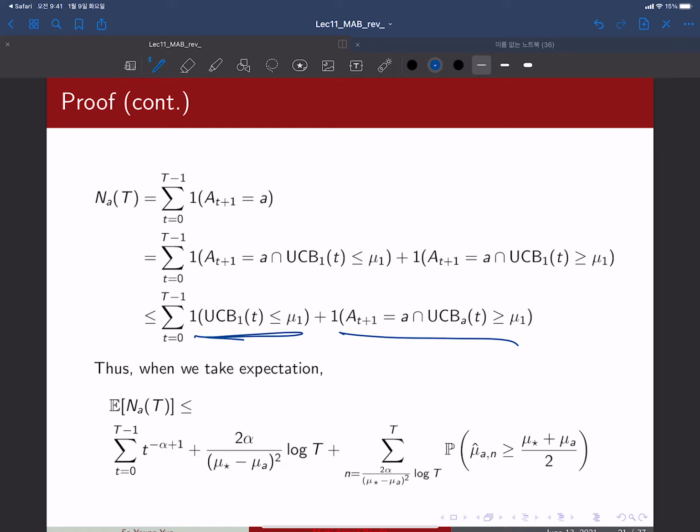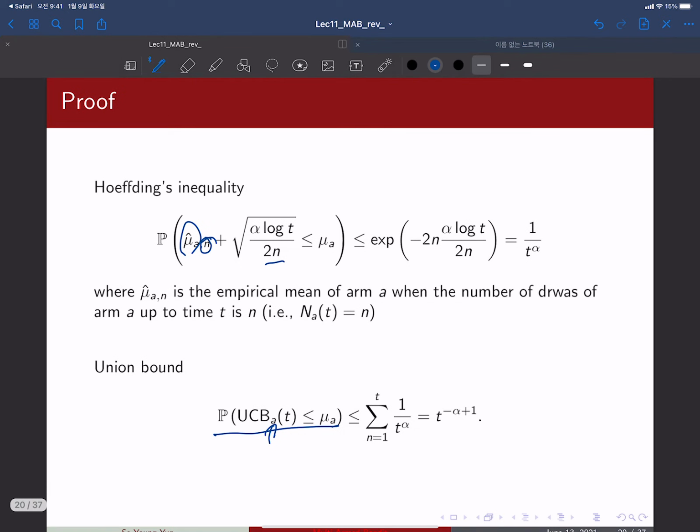And since the number of plays, N1t and NAt, and the UCB1t value and UCBAt value have some dependencies, we have to decouple the dependency between them. Okay, so what is the trick? Here, we can think that at each time t, there are t sequence of observations.